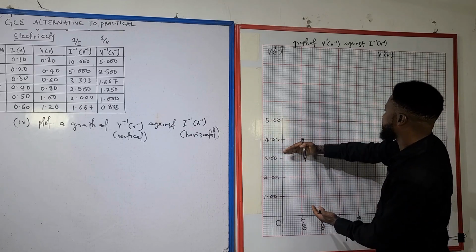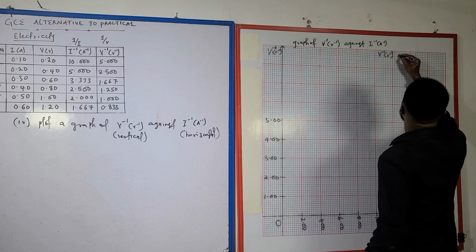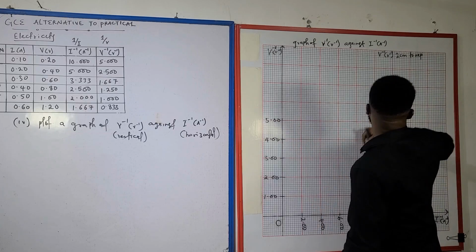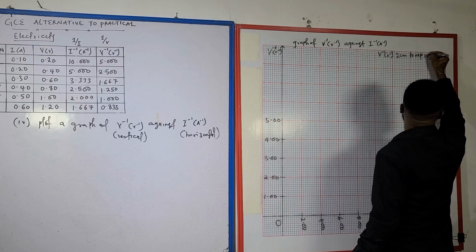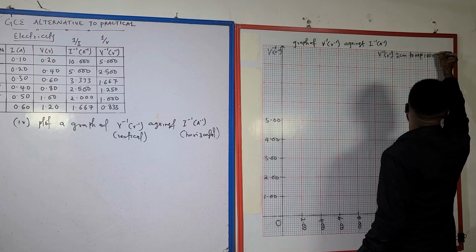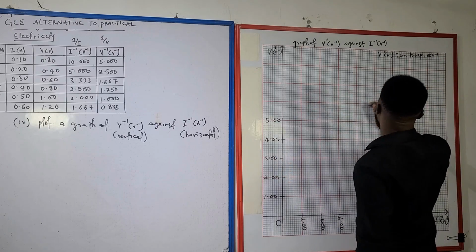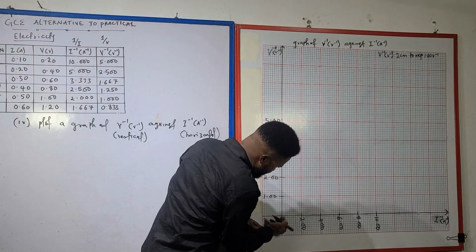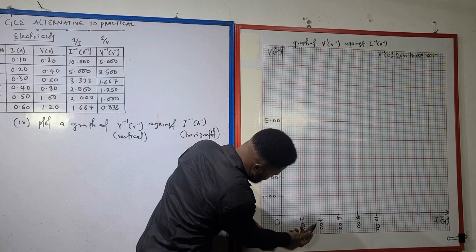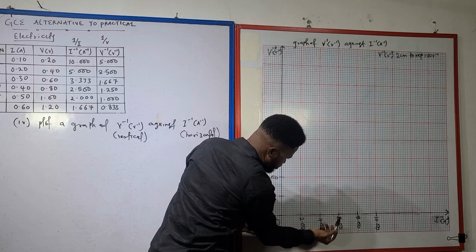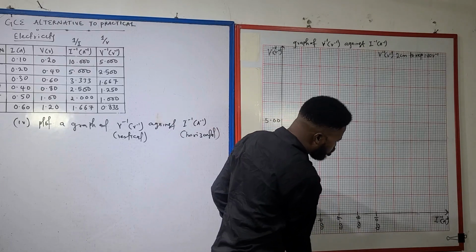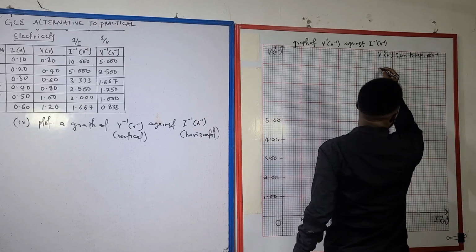So 2 centimeter to represent 1.00 per volt. That's on the vertical axis, and on the horizontal axis, from here to here is 2 centimeter, from here to here is 2 centimeter, from here to here is 2 centimeter. So 2 centimeter here to represent 2 per ampere.